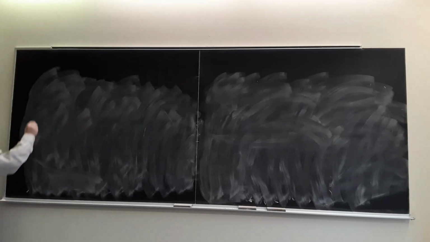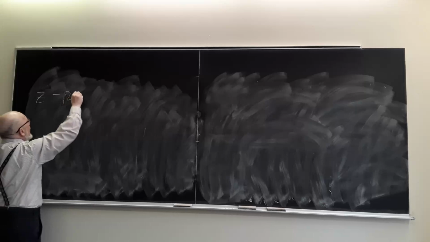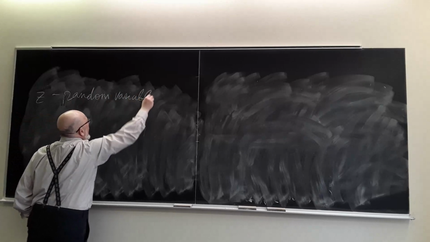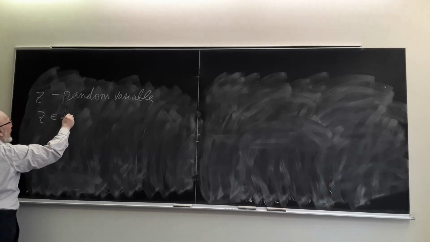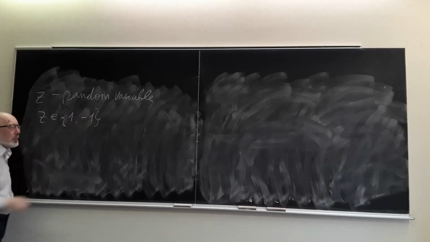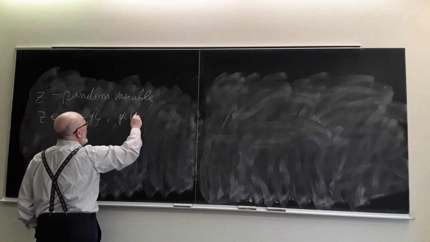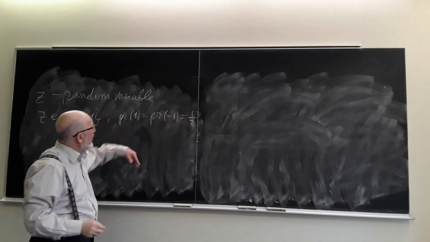So it is a random variable z, which can take, say, 1 and -1, just two values, with probability 1/2 each.